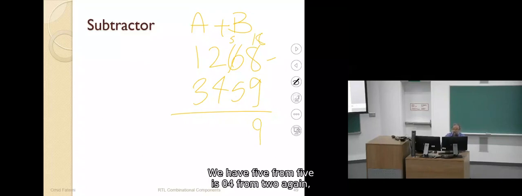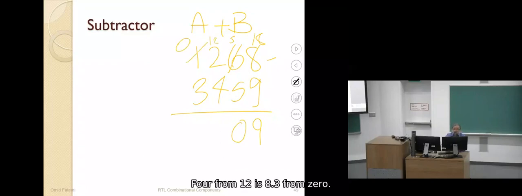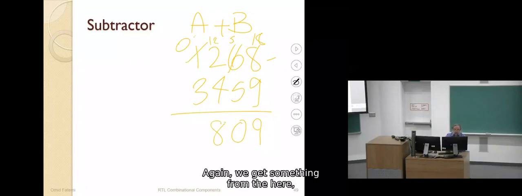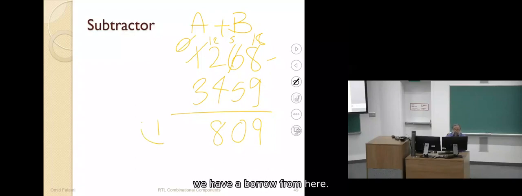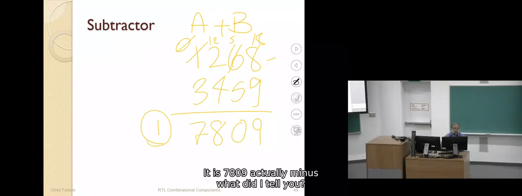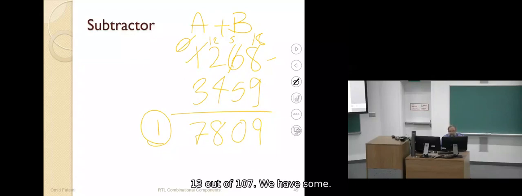So we have 5, from 5 is 0. 4 from 2, again we get it from here. 4 from 12 is 8. And 3 from 0, again we get something from here. So we have a borrow from here. 3 out of 10 is 7. So it is 7809, actually minus. No, what did I tell you? 1, 2, 3 out of 10, 7.